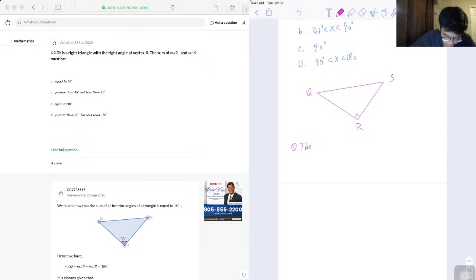The sum of all interior angles of a triangle is equal to 180 degrees, right?